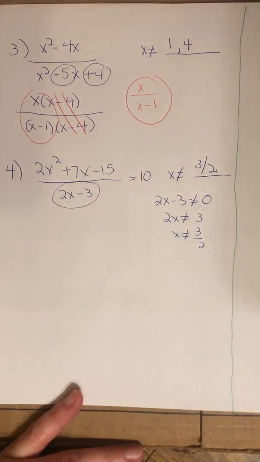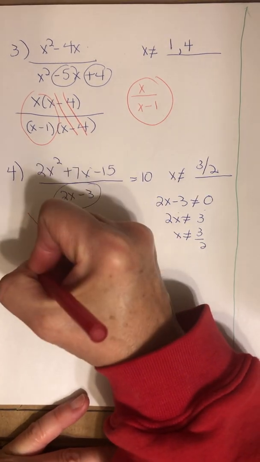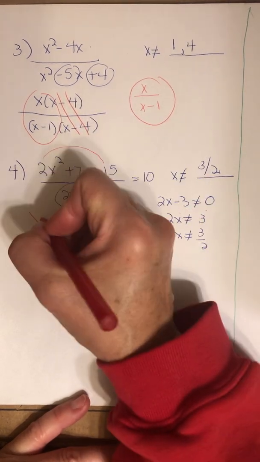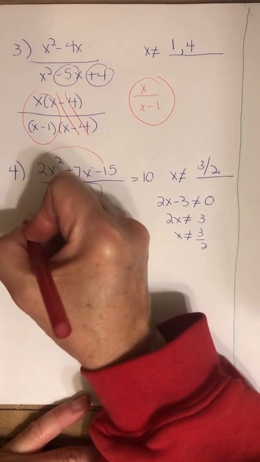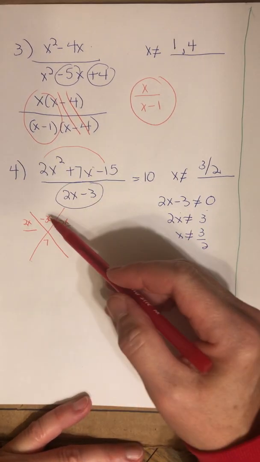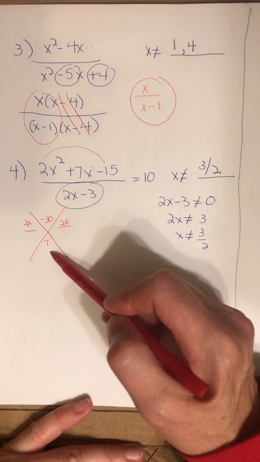All right. Now let's go ahead and factor our numerator. That looks like it takes a little bit more too, right? So we're going to use our x method here. We are looking for two numbers that multiply to a negative 30 and add to a 7. We'll put a 2x and a 2x. So two numbers that multiply to a negative 30 and add to a positive 7.